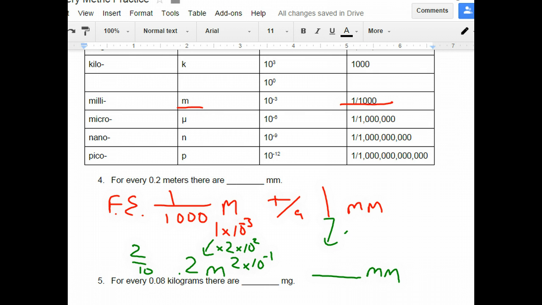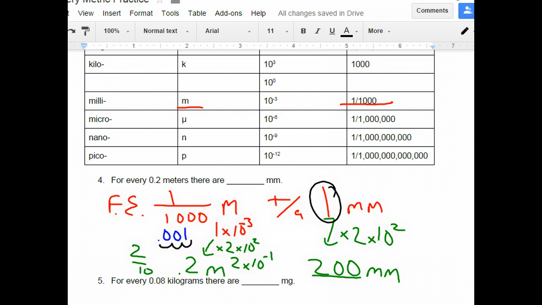So this is going to be times 2 times 10 to the second, and 1 times 2 times 10 to the second is 200. Again, if you think about it this way, this number here is 0.001, and this number is 1. So realistically, all I did was move the decimal 1, 2, 3 to get from here to here, right?